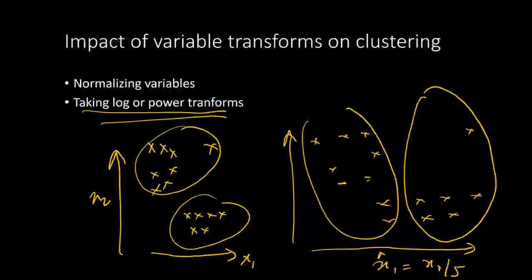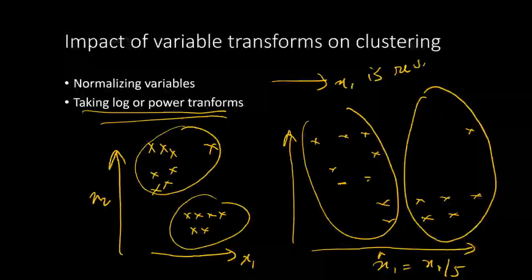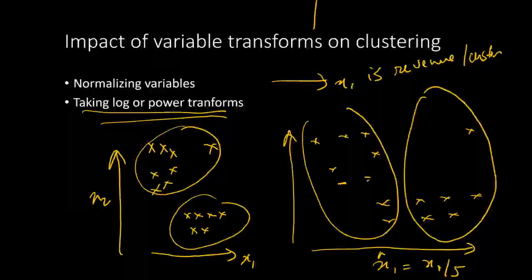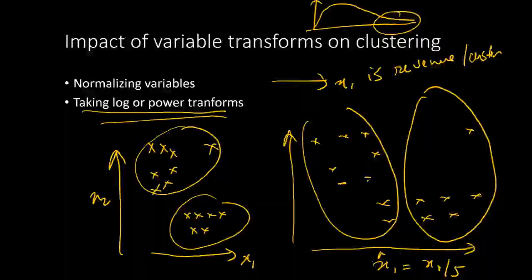So for example, if my x1 is revenue per customer, we know that the revenue per customer distribution is going to be some sort of a skewed distribution. What that means is there are few customers that spend a lot of money, and there are a lot of customers that spend a medium amount of money, but that's not right in the middle of the range. There is a tail skew towards the right.